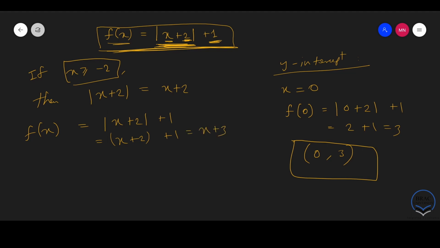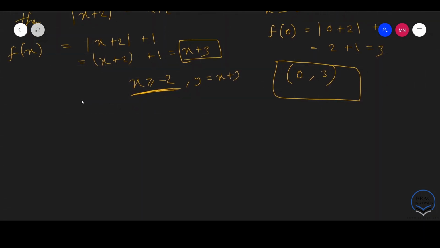So for all values of x greater than or equal to minus 2, we will have the graph of this function. So we will be drawing y is equal to x plus 3 for this interval. However, if x is less than 0, then we will have the absolute value of x plus 2 to be equal to minus x plus 2, meaning we will have minus x minus 2.